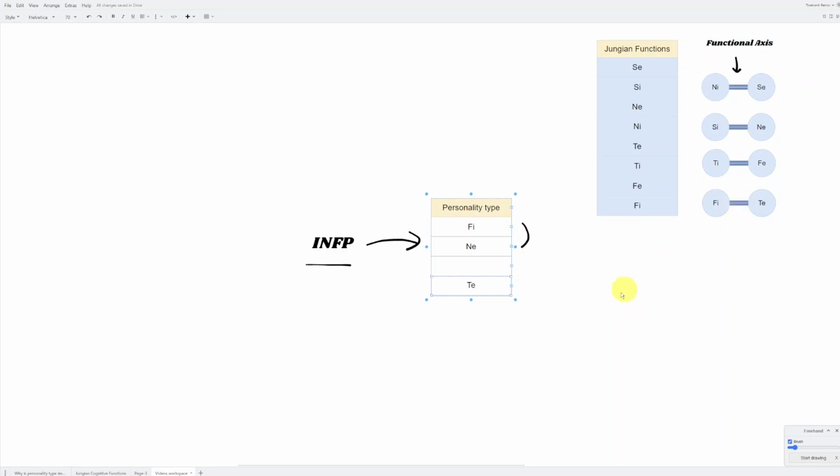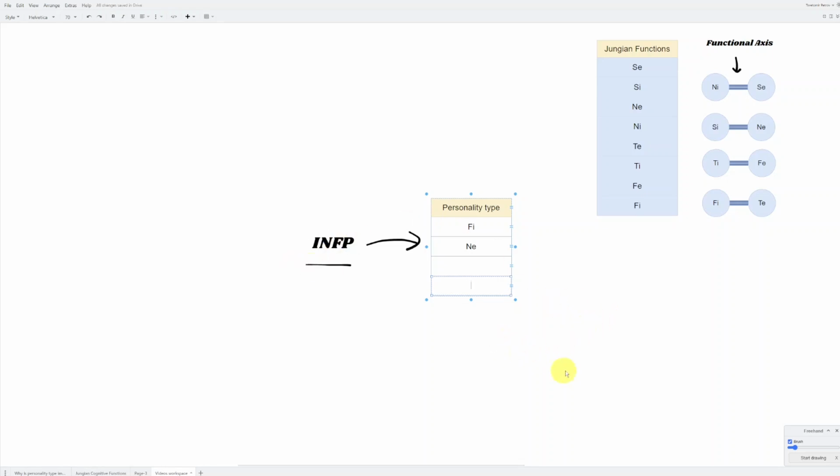And if the second one is extroverted intuition, the third one is going to be introverted sensing. So in order to do the conversion, we only need to find the first and the second function, and the rest will be automatically populated.